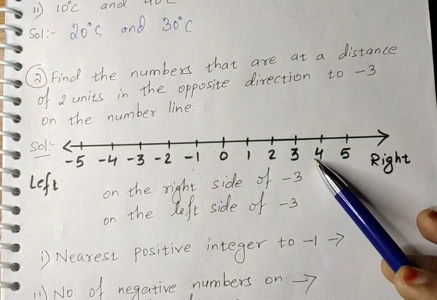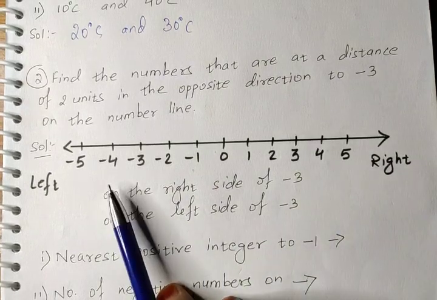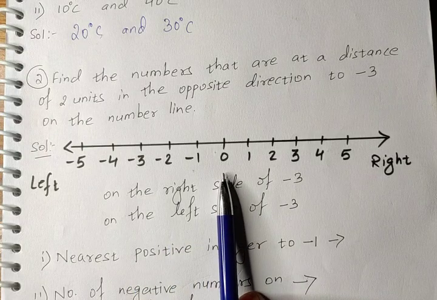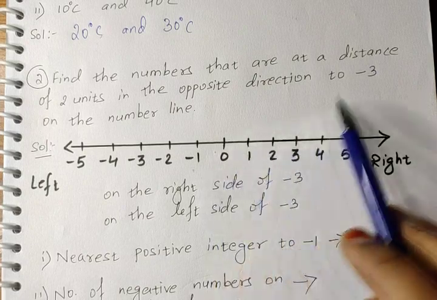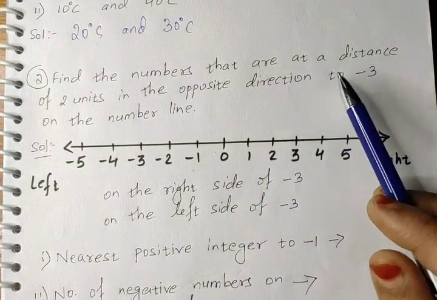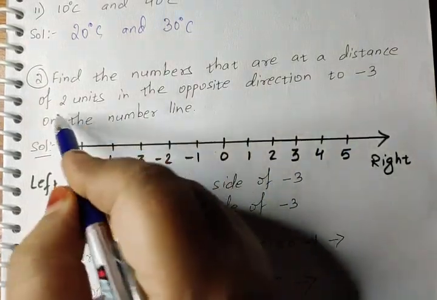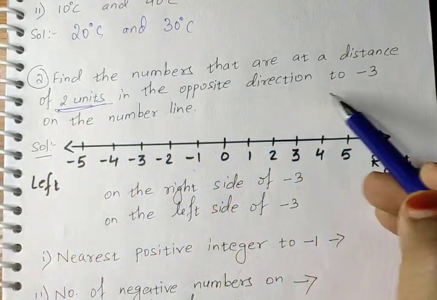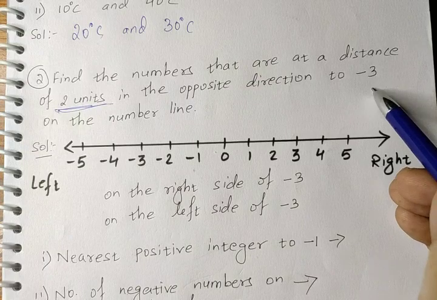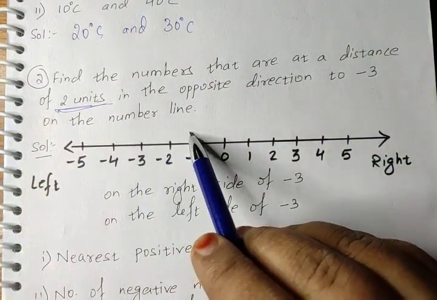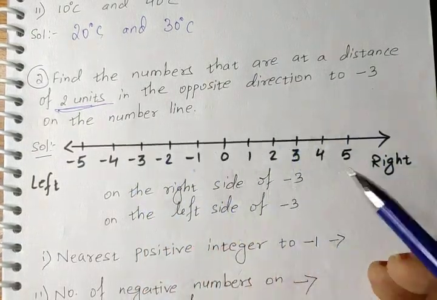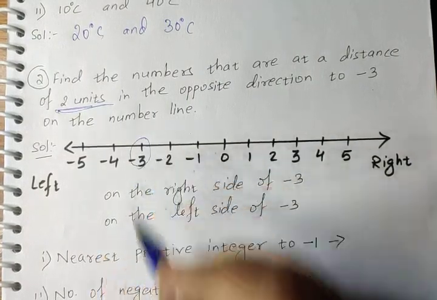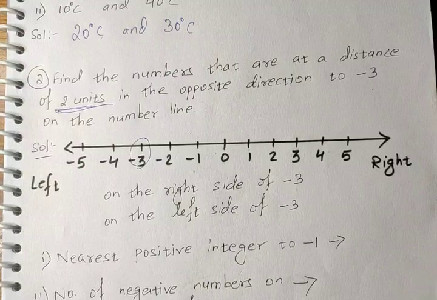Right side has positive integers, left side has negative integers, and the middle of the number line is 0. First you find out where is minus 3. This is minus 3.